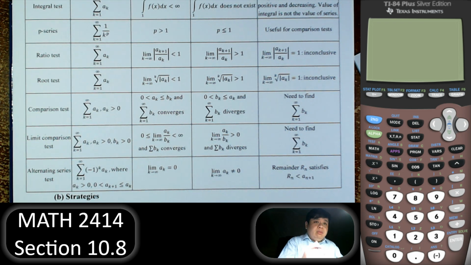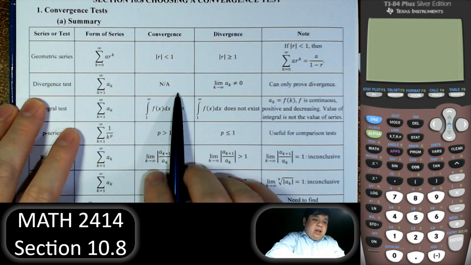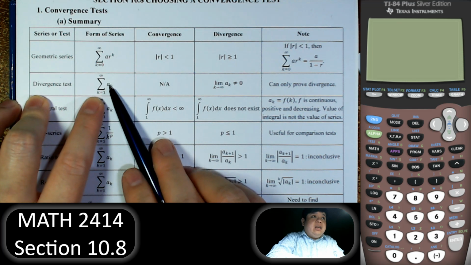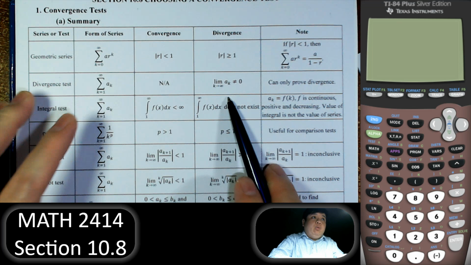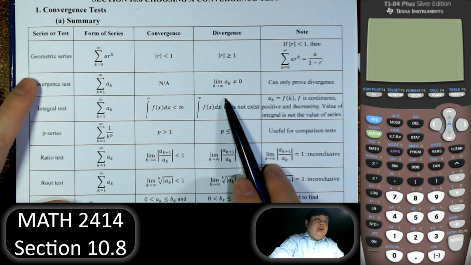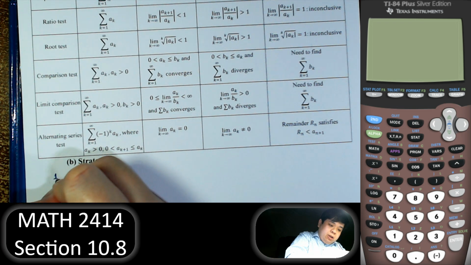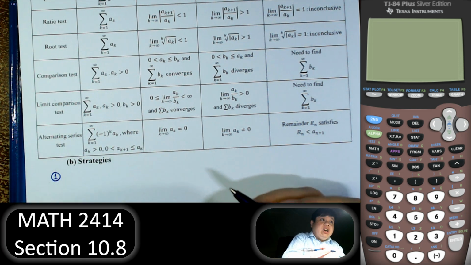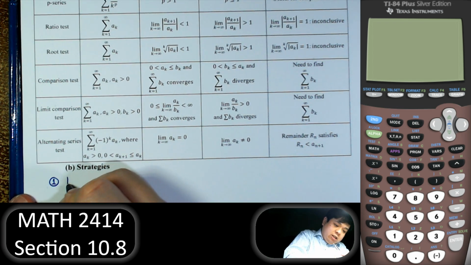Usually, the first thing I look at in a problem is the divergence test, because if a_k does not go to 0, then that is divergence and we don't have to do anything. So in the strategies, the first one I look for is the divergence test.